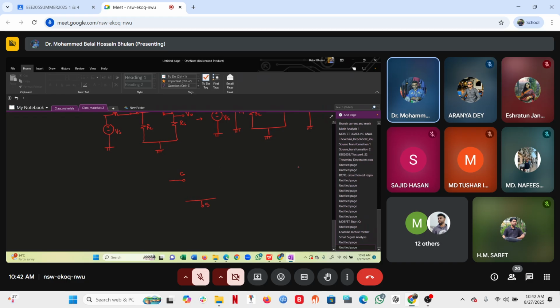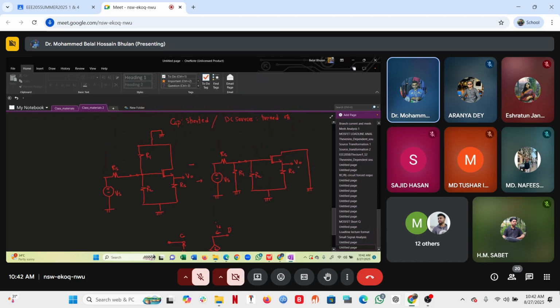This is our source. Gate and source, which is VGS, open. Okay, and then the drain terminal, I_D. This is our gate, source, and drain.